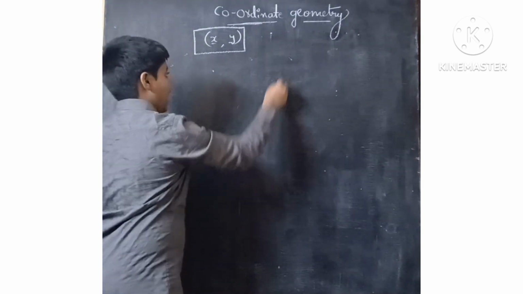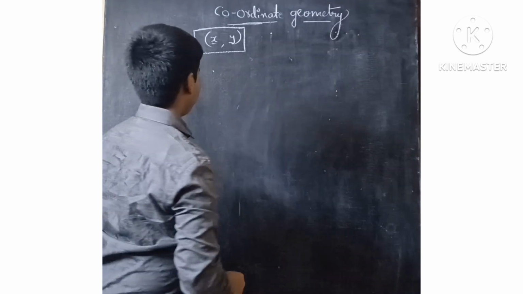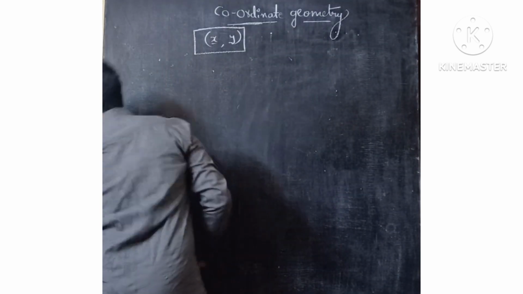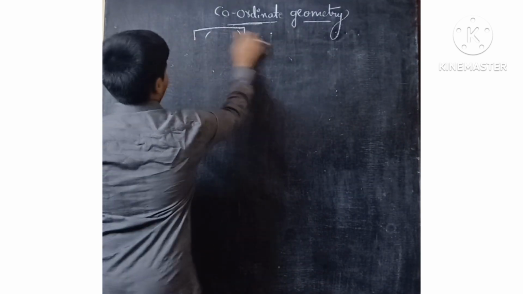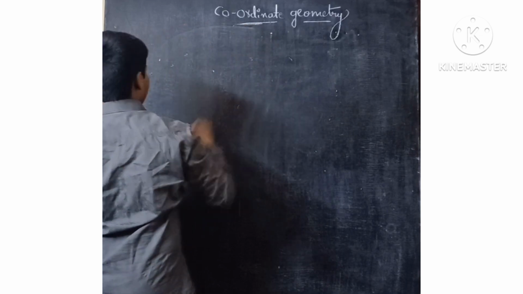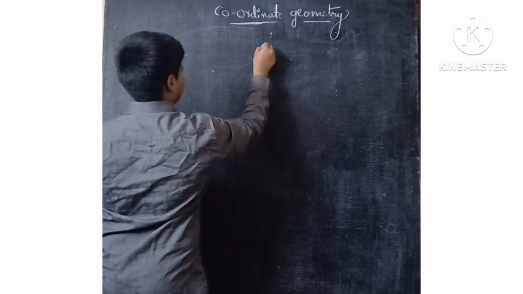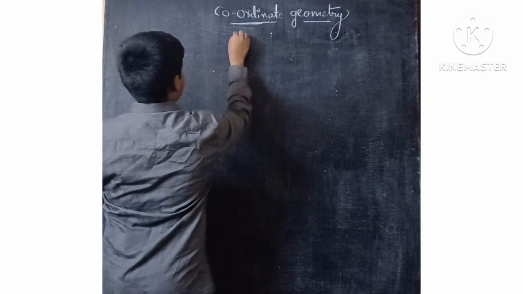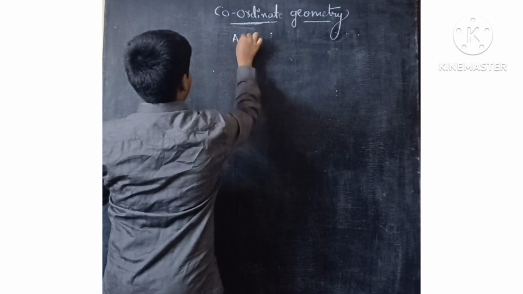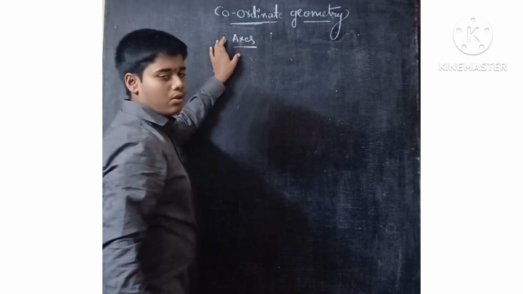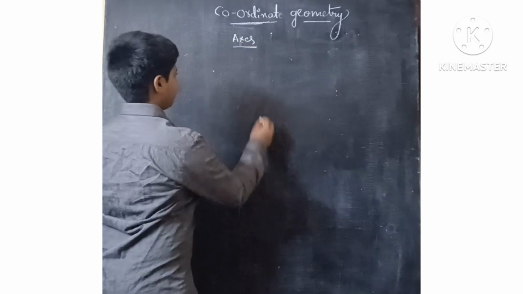If we take the coordinate axes only, and if you see, there are four rectangular axes. Axes is the plural form, and the singular form is axis.